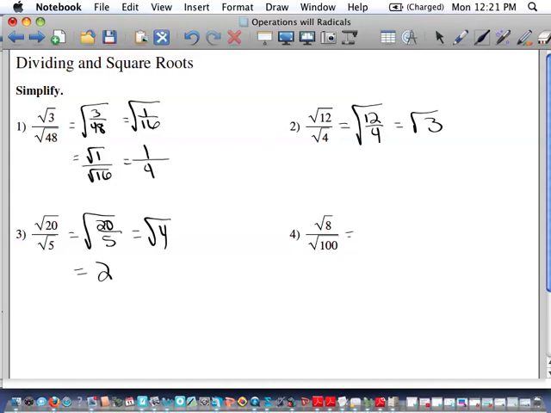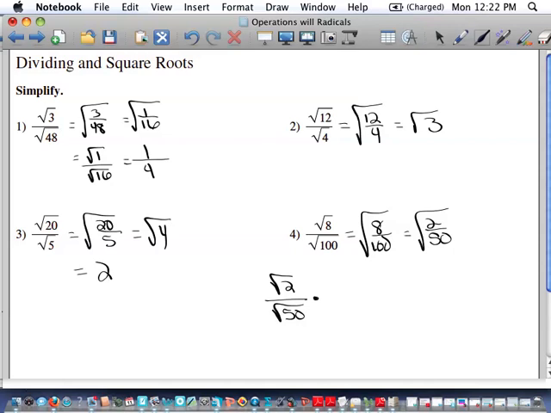Now number 4 isn't going to be quite as nice. That's going to give me the square root of 8 over 100, which reduces to the square root of 2 over 50. So now I have the square root of 2 over the square root of 50.